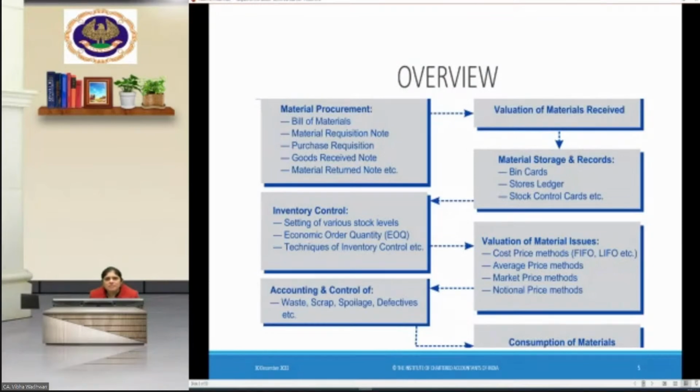All types of materials which are required for a particular job or a product, all the description and detailed specification of all those materials will be in the bill of material, including the quantities of material required. That means the detailing of every material required along with the quantities.